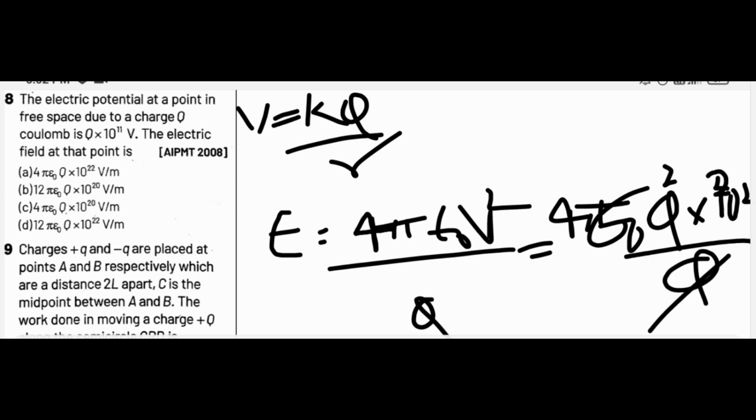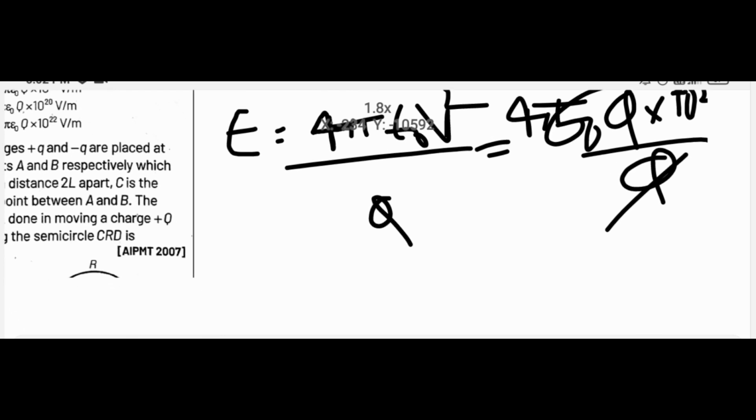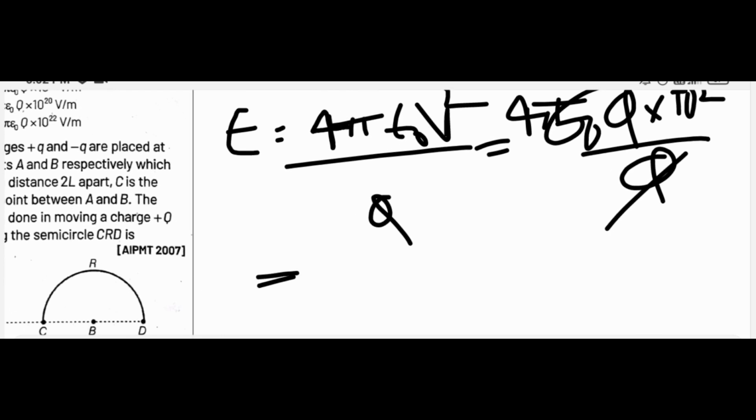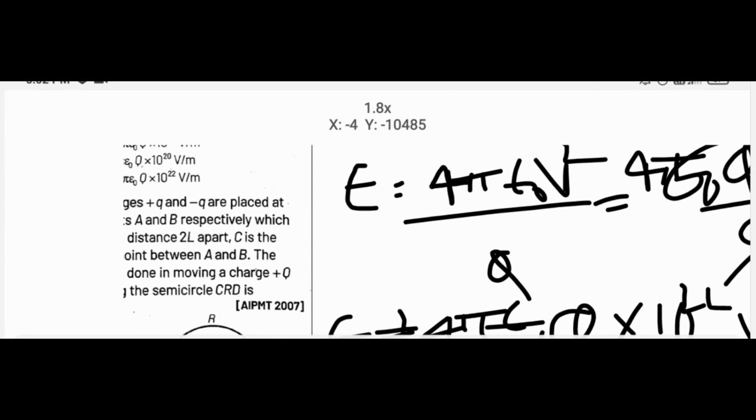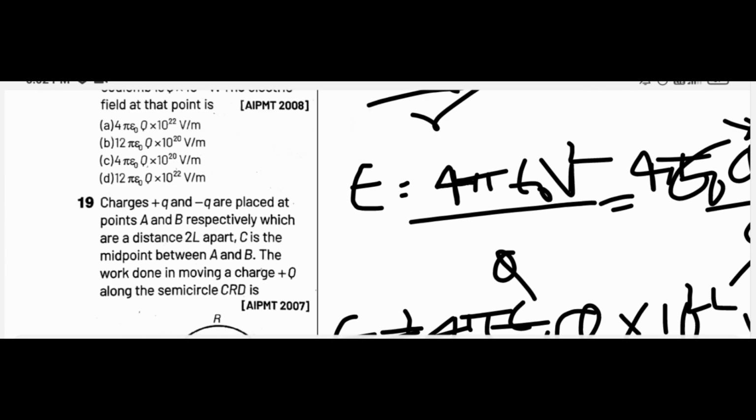If you cancel these two, you will get the final answer, that is E is equal to 4 pi epsilon naught q times 10 power 22 volt per meter. Then the answer will be option A.